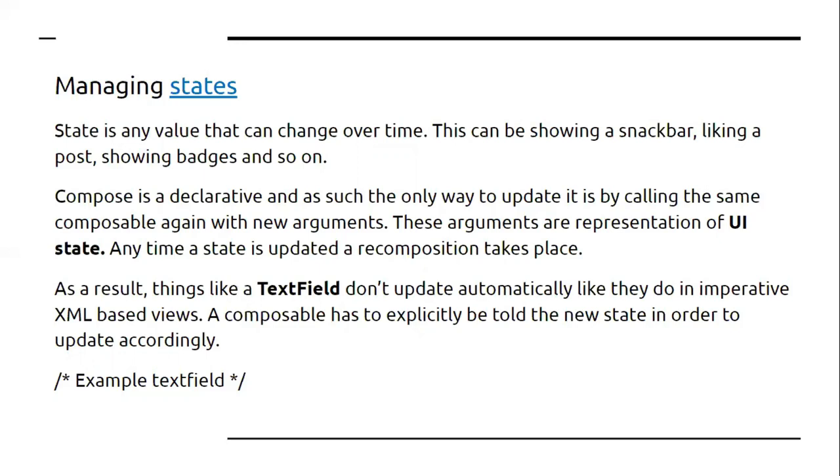Those are examples of state in any application, whether it's a web application or mobile application. Compose is declarative, and as such, the only way to update it is by calling the same composable again with new arguments.